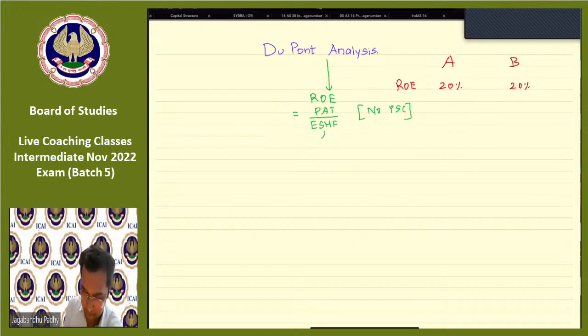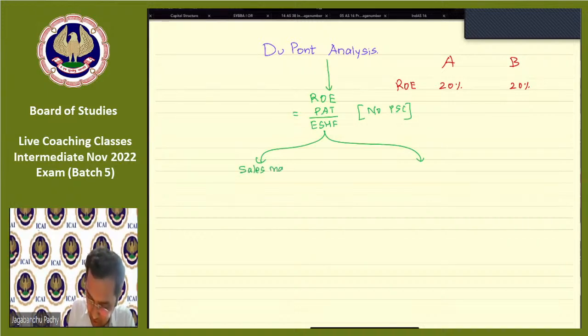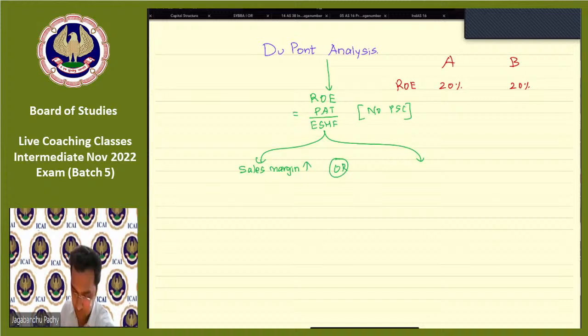You can be doing two things. Either of these two is going to help you improve your profit after tax. One is the sales margin should be increased, or the quantity of sales should be increased. Am I right, guys?